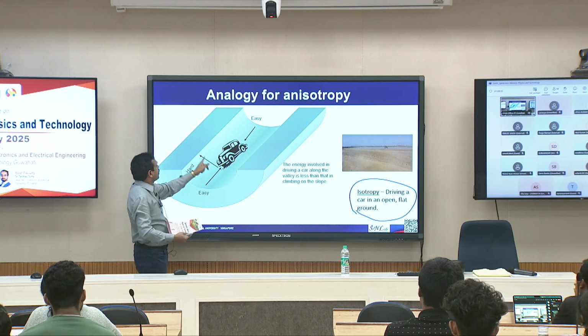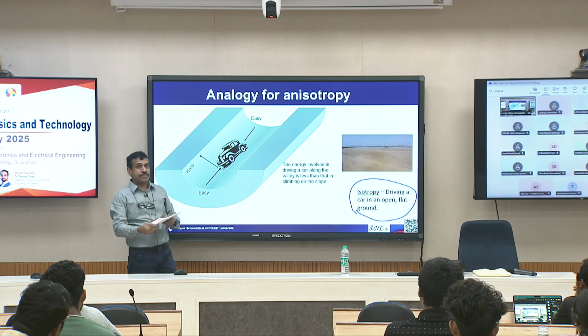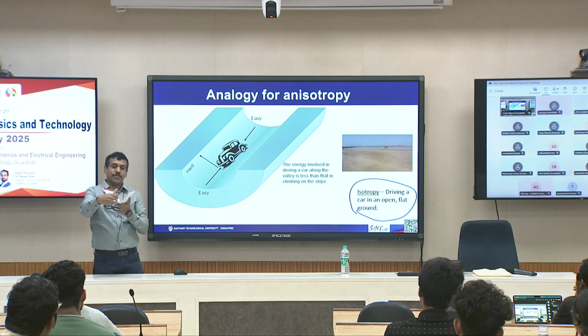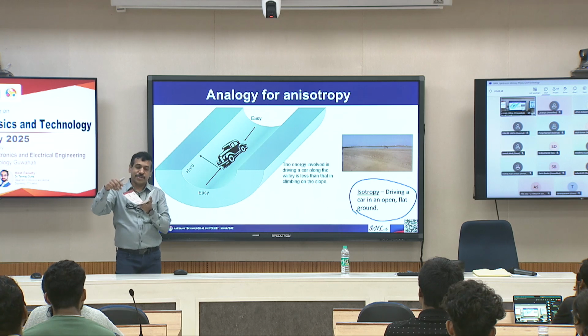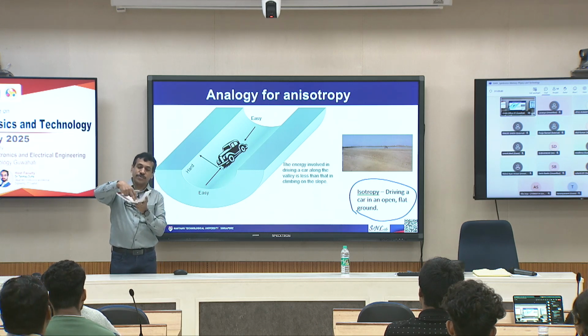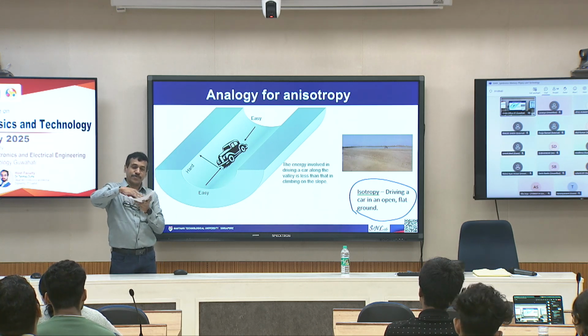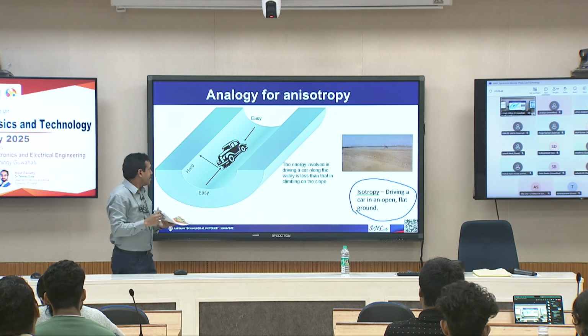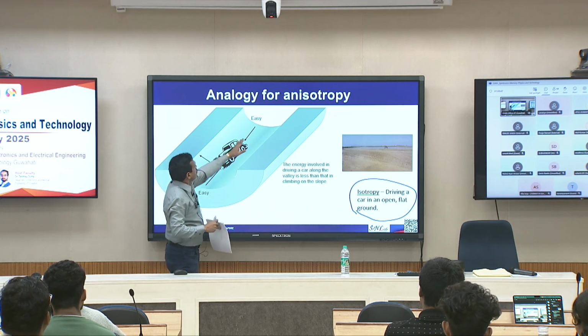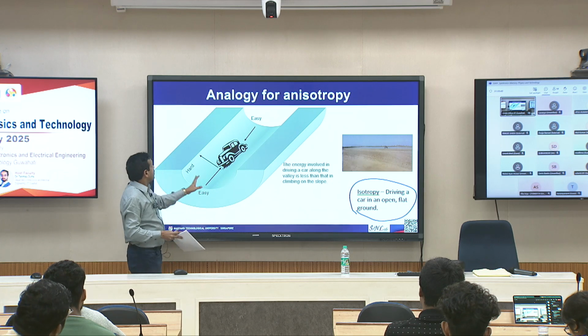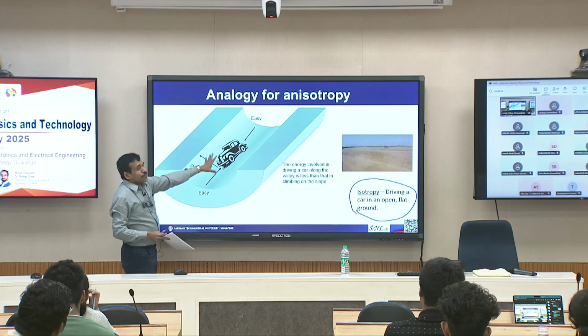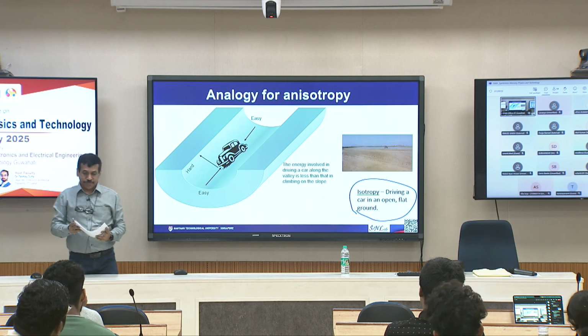So, this is hard, this will be easy. Okay. So, here you press 1000 rpm acceleration, also you can just move, but here maybe you need 2000 rpm in the first gear and so on. You will find it hard here, easy here. Okay. So, you can say this kind of road is anisotropic. Okay.